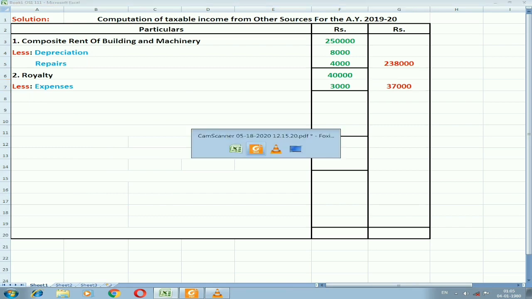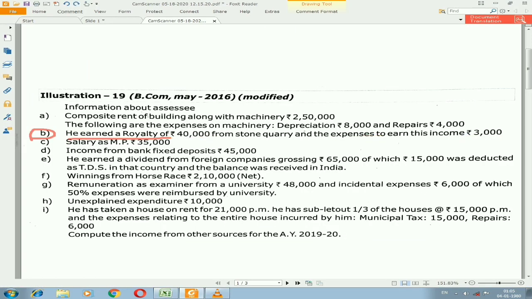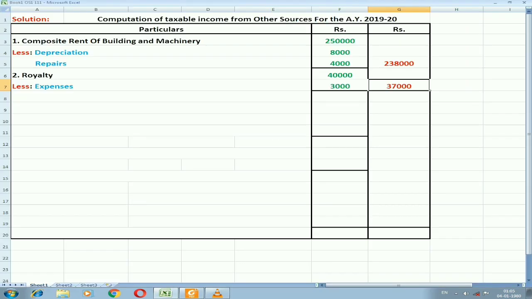Then we have the third income, salary as MP rupees 35,000. Any salary received by a member of parliament or MLA or MLC will be considered under other sources category. So let us take that as salary as MP rupees 35,000 in the amount column directly.